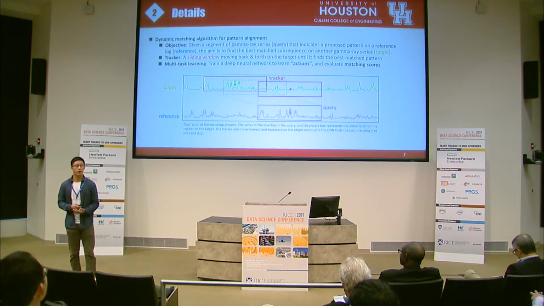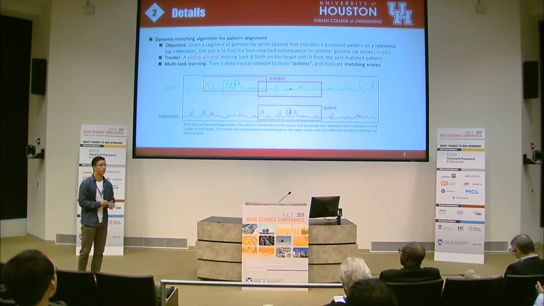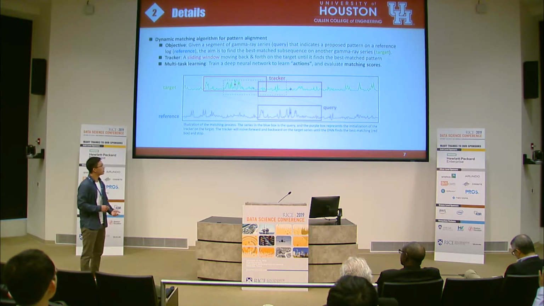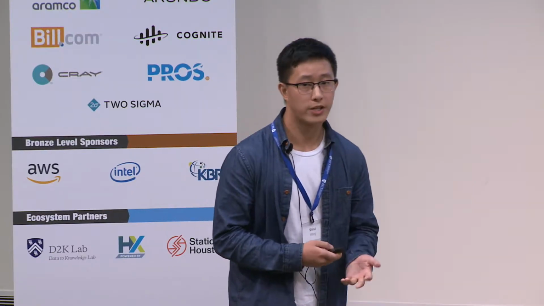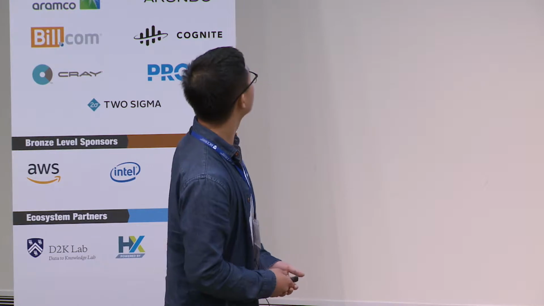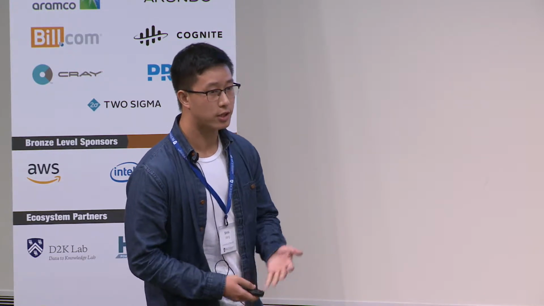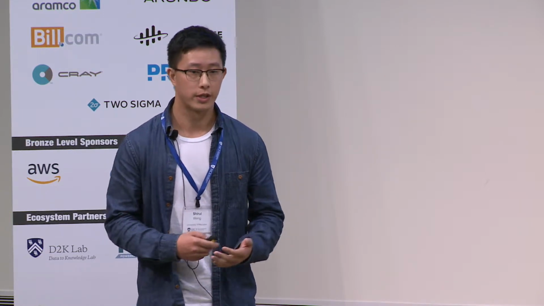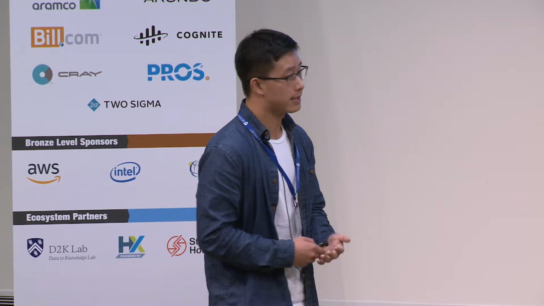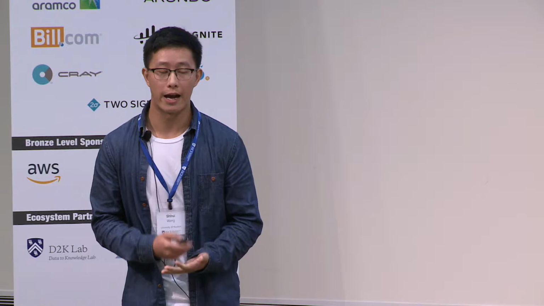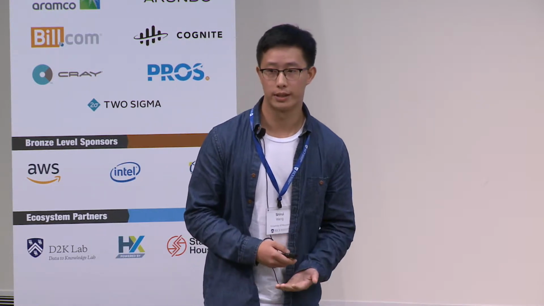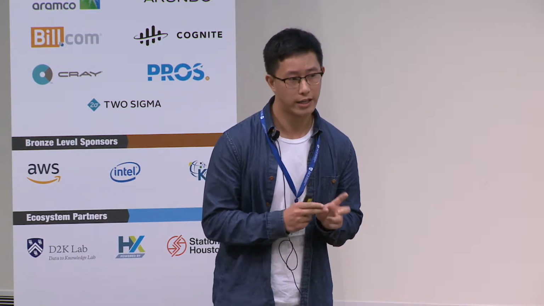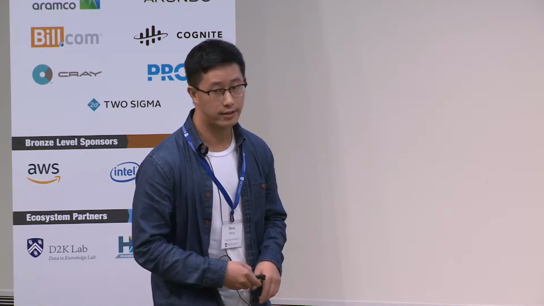It is a sliding window which can move back and forth on the target log until it finds the matched pattern on that log. This process is directed by a deep neural network which implements multitask learning that predicts an action and the matching probability at each movement to guide the tracker.